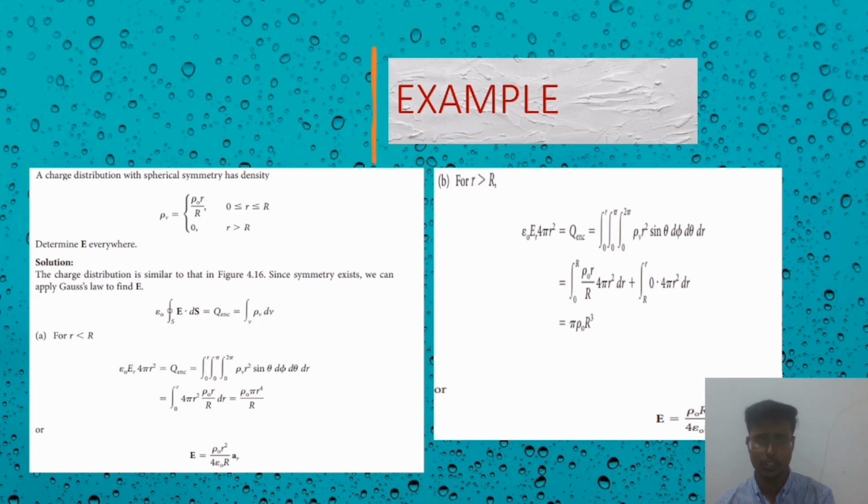For the second condition, we apply the same method, and when we integrate with respect to d phi, d theta and dr, we get pi rho naught r cubed, or we can write the electric field as rho naught r cubed over 4 epsilon naught r in the a_r direction.